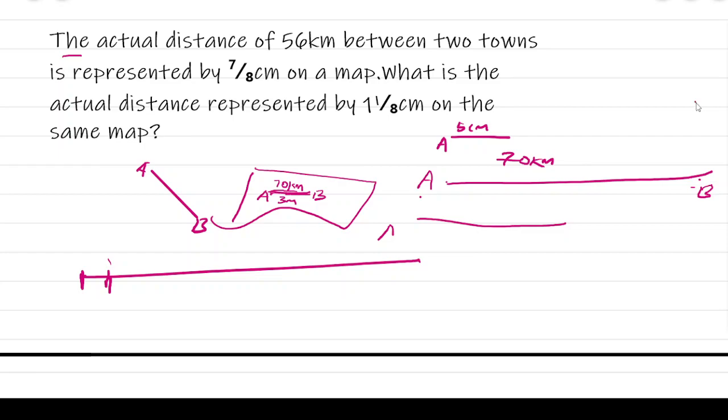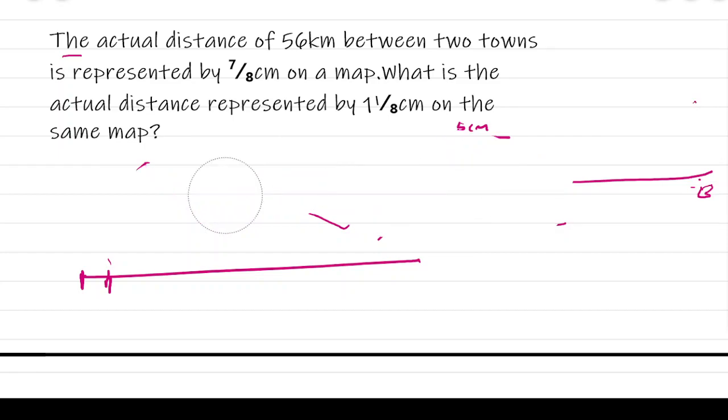So let's look at it and read it out loud while I clean it. It says that the actual distance of 56 kilometers between two towns is represented by 7/8 centimeter on a map.